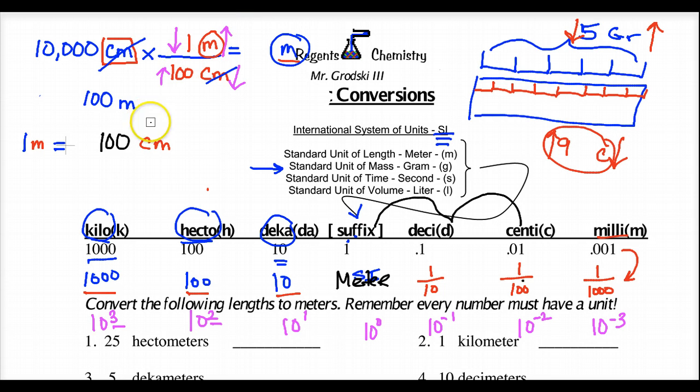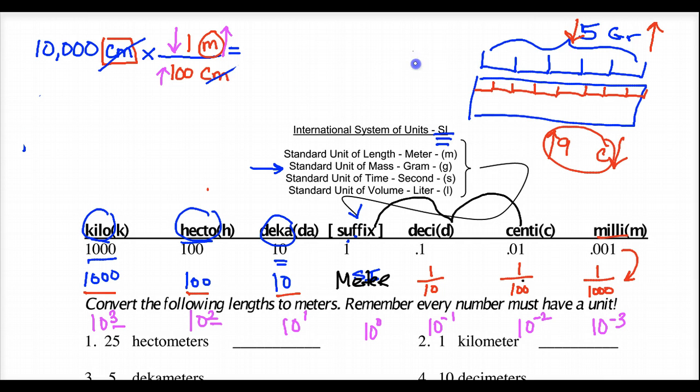Okay, let's clean this up again. So the answer, my friends, would be 100 meters. Right? 10,000 times 1 divided by 100, and you get 100 meters.